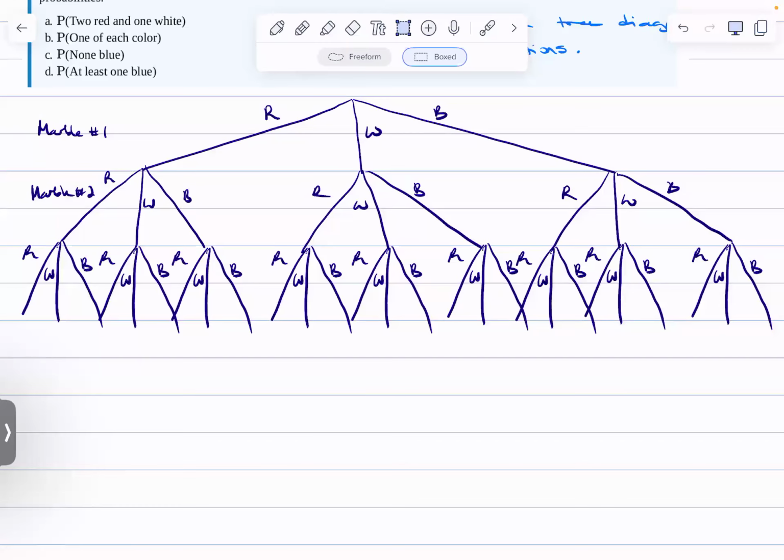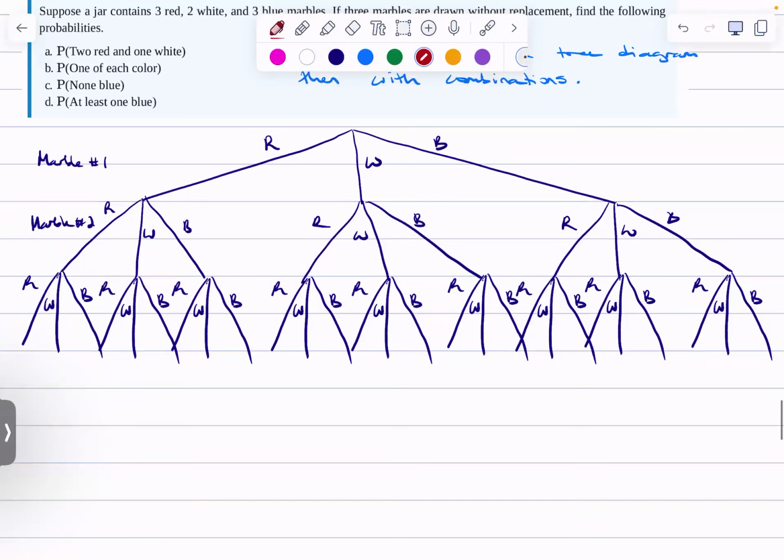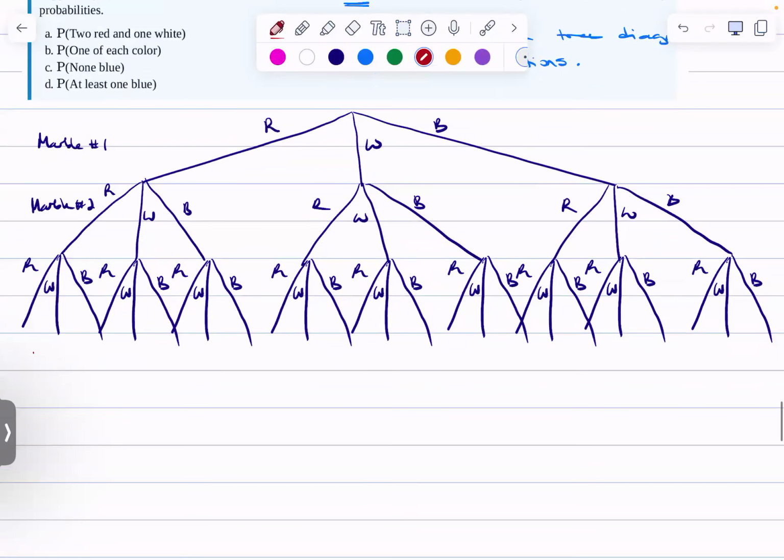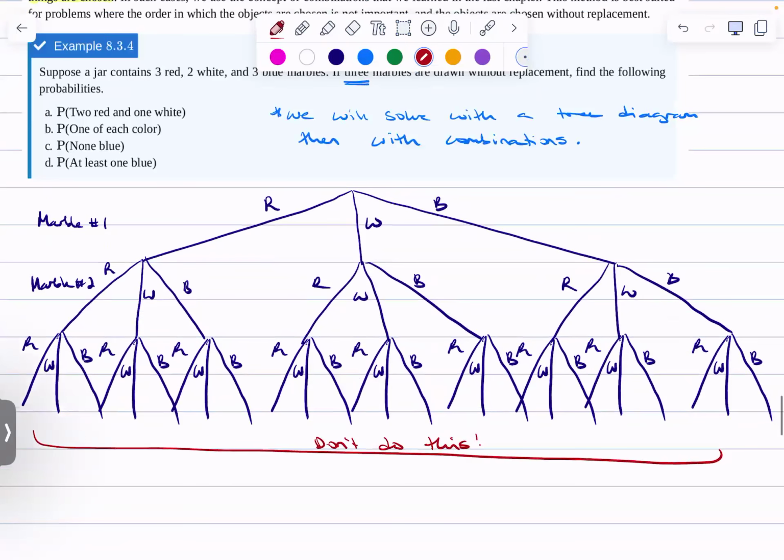You can imagine. I will write in red. Don't do this. Or maybe we won't. It's looking really tedious. You can attach the probabilities though. Let's do it for the first 2 marbles, and then I think you get the idea, this is marble number 3.